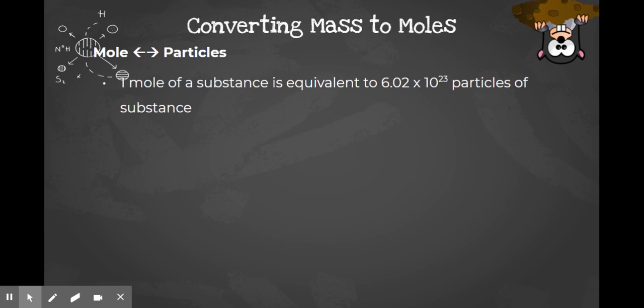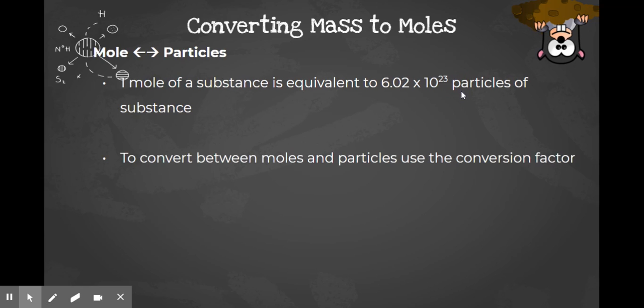And just like we've been talking about for a week now, a mole of a substance is equal to 6.02 times 10 to the 23rd particles of that substance. Whether it be donuts or jelly beans, like we talked about last week, or atoms, molecules, a mole is 6.02 times 10 to the 23rd of whatever that is.